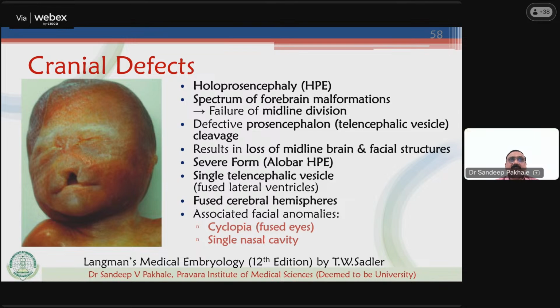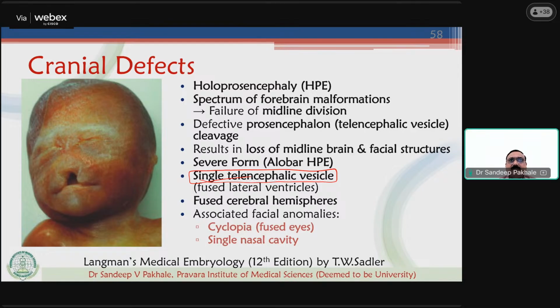In the most severe form, known as alobar holoprosencephaly, the lateral ventricles merge into a single telencephalic vesicle, and the cerebral hemispheres remain fused.